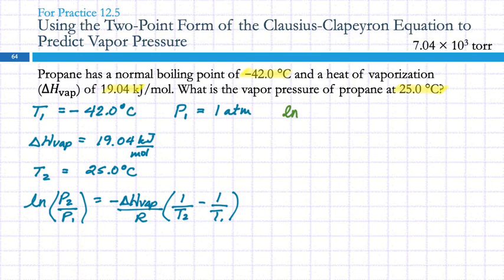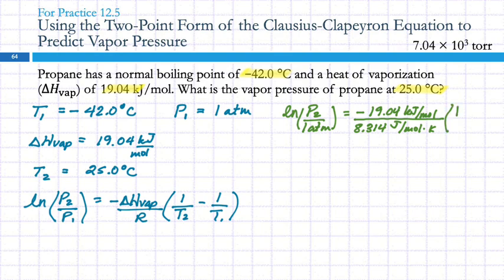So the natural log, P2 is what we're trying to find. So P2 divided by 1 atmosphere, that's going to equal negative delta H, 19.04 kilojoules per mole, divided by R, which is 8.314 joules per mole Kelvin, times 1 over, we need these temperatures to be in Kelvin.